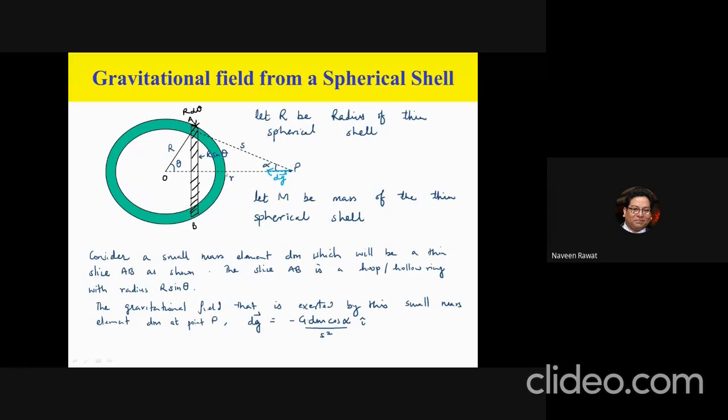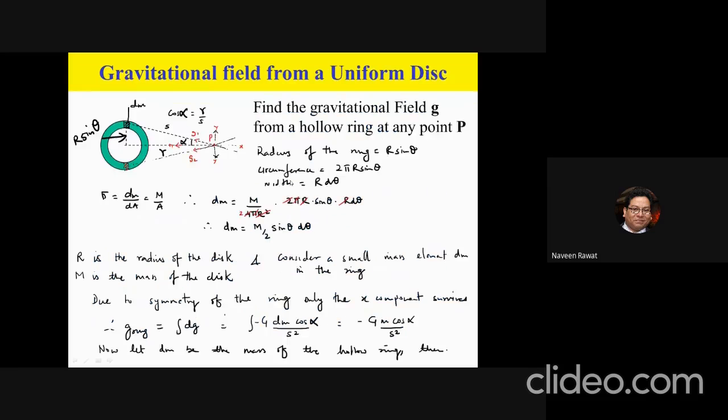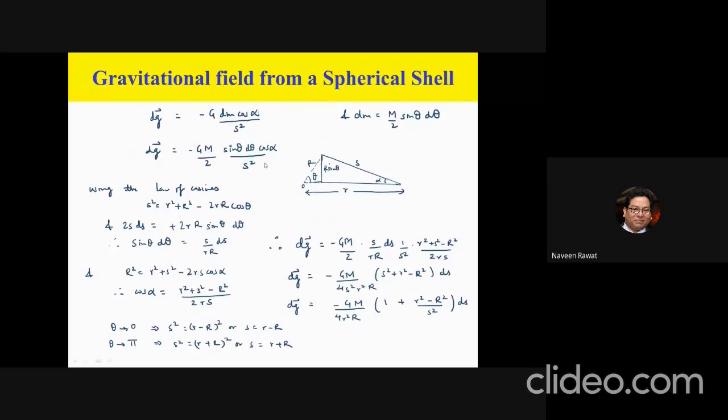The way we have chosen the axis, as we increase or decrease the value of this small r, the location of point P will change. If I increase the value of r, it will go further away. If I decrease the value of this small r, then this point P can even come inside my spherical shell. So I want to get rid of this s, and I want to get rid of this alpha as well. Those are meaningless variables for me. That is what I intend to do here.